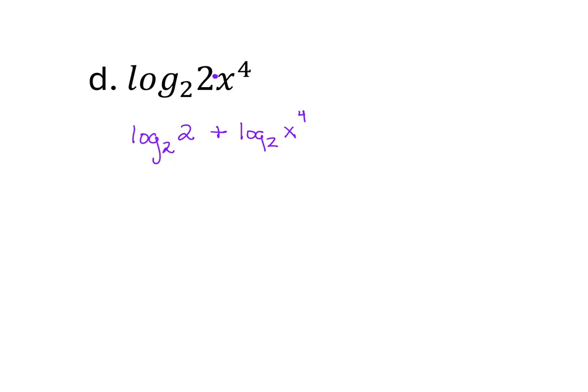All right, from here, we can do two things. The first one is I want to simplify this log base 2 of 2. Remember that if the base of our exponent and the base of our logarithm are the same, they cancel out. I'm going to rewrite this as 2 to the 1 so that we have an exponent there. These cancel, and we are just left with 1.